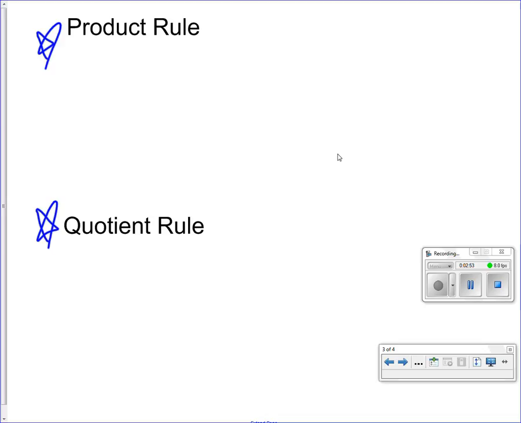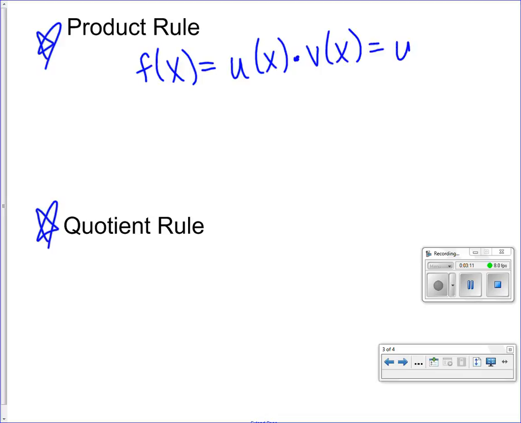So the product rule says, what if I have two functions that are being multiplied together? The way that we will write this is we're going to say, what if f of x is defined as two functions, u times v? For shorthand, I'm going to drop the of x notation. How do you find the derivative of two functions being multiplied, u times v?